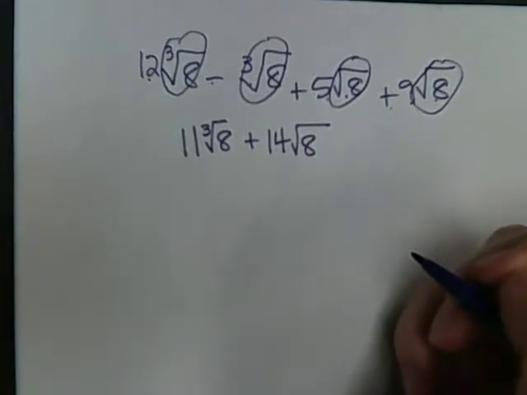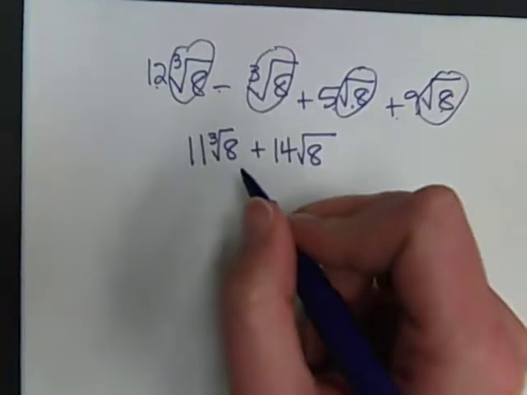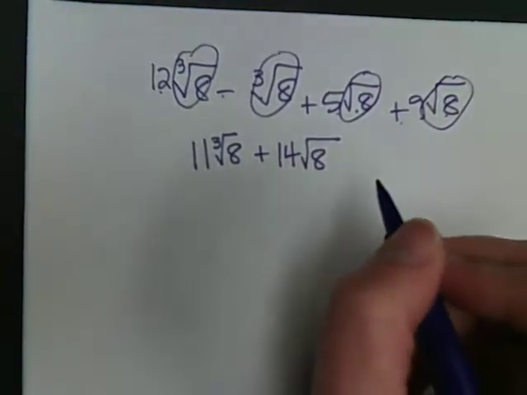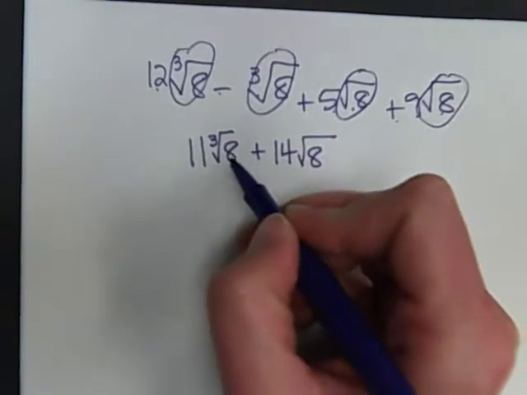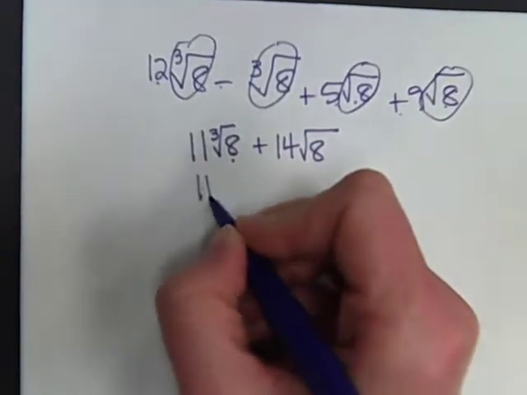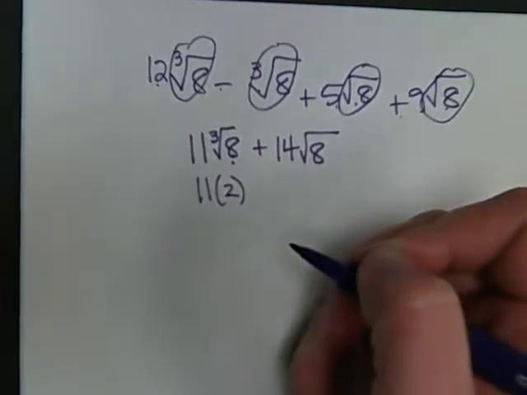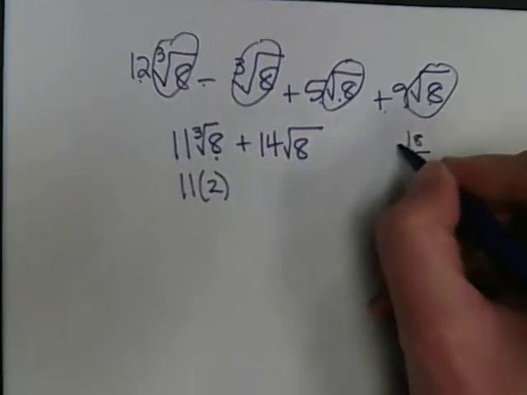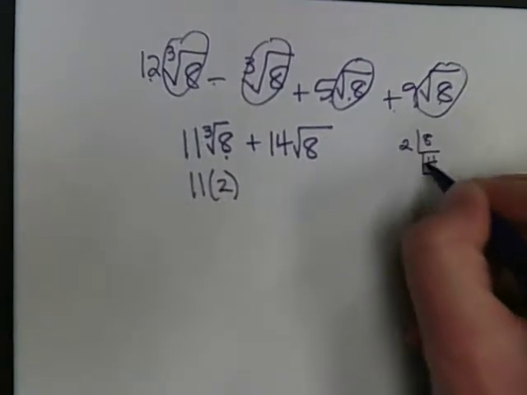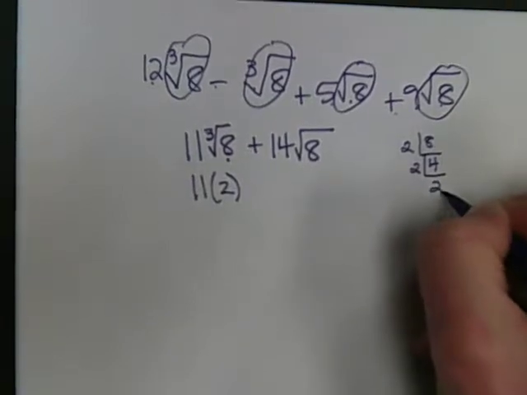Okay? Now, the only thing I can do further here is look at those radicals and say, can they be simplified? Okay? Well, cube root of 8, he's perfect. The cube root of 8 is 2. So now I have this. Square root of 8, maybe you want to tree method him. That's prime.